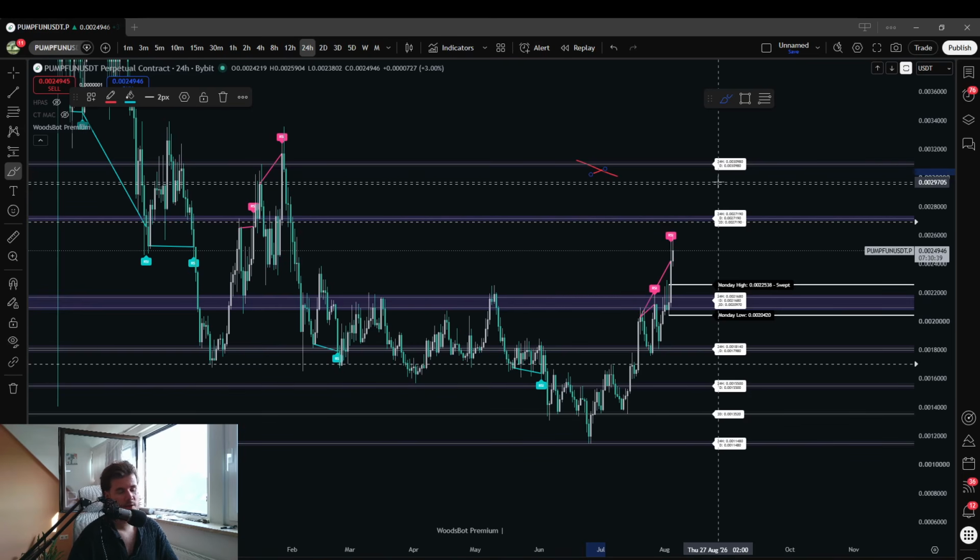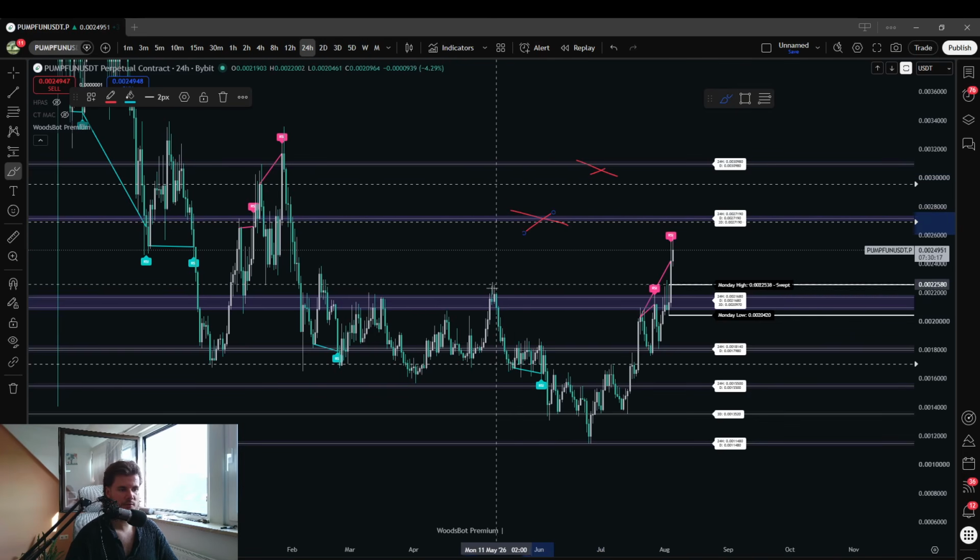And the advice I can give you guys is be patient. It's not worth chasing anything in this market right now, in my opinion. Be patient and wait for your levels to be hit. I'm interested in this Monday high retest. Other than that, I will be looking for potential shorts when it hits this confluence zone.